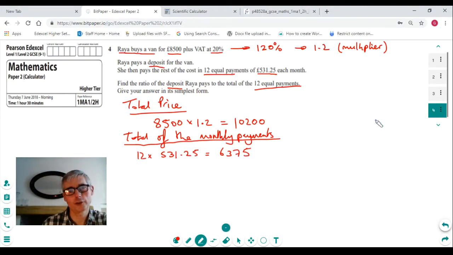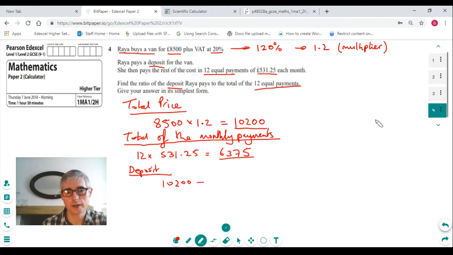Now what we need to do is work out how much deposit she paid. So the deposit really must be the difference between the total monthly payments, which is 6375, and the actual total price. So we're going to subtract one from the other. So the deposit is going to be 10,200 minus 6375.